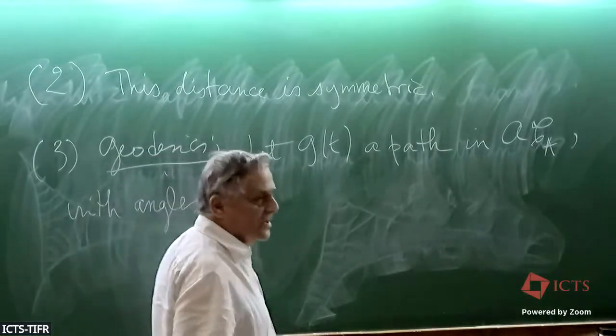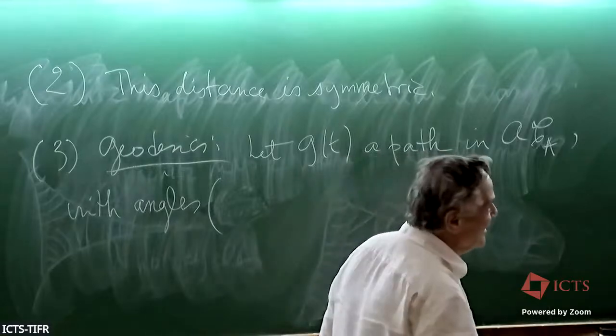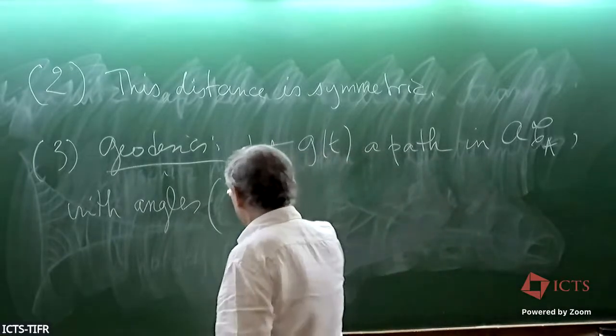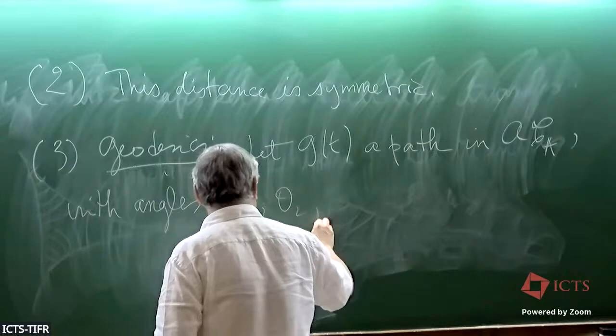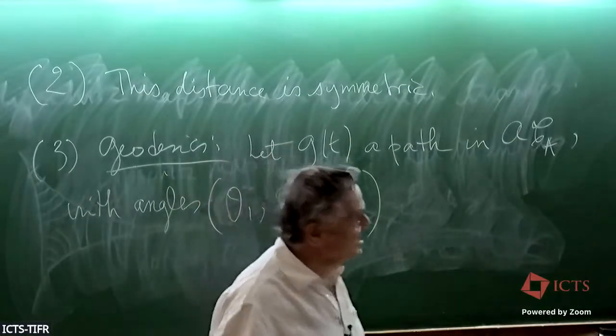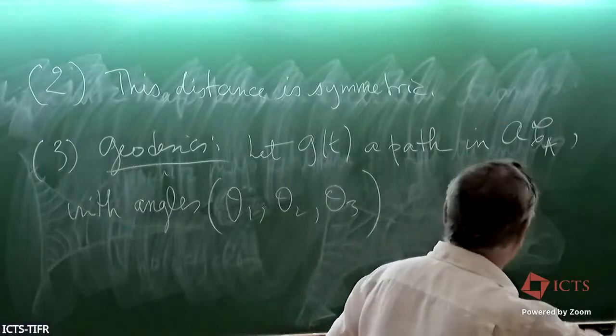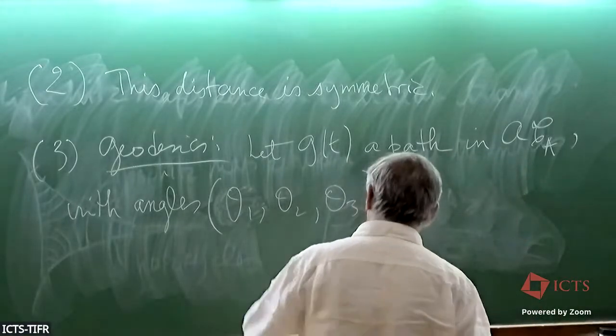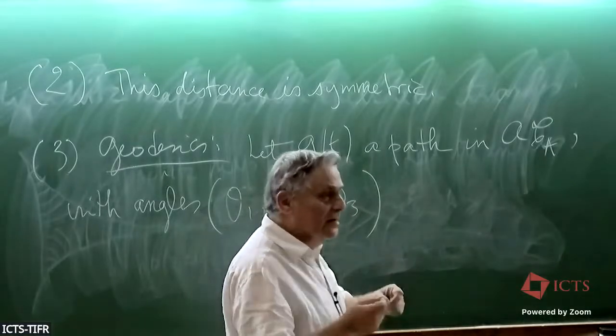What do I choose for angles? I want to take theta 1, theta 2, theta 3. So these are the angles at the vertices.